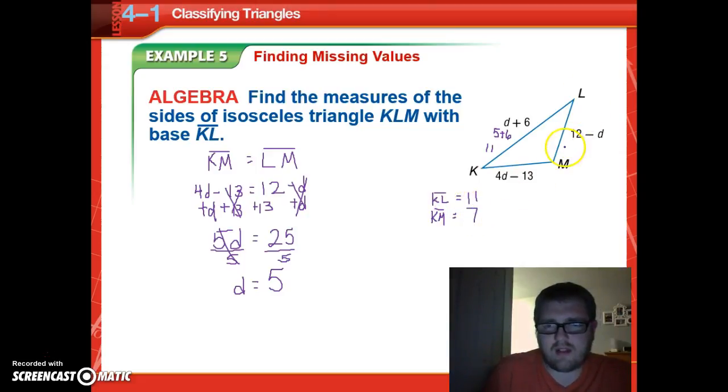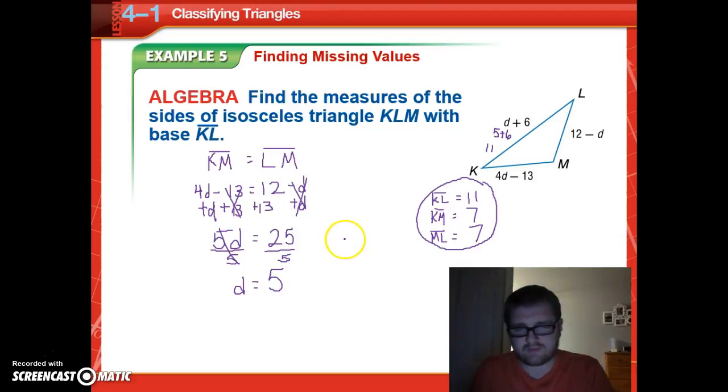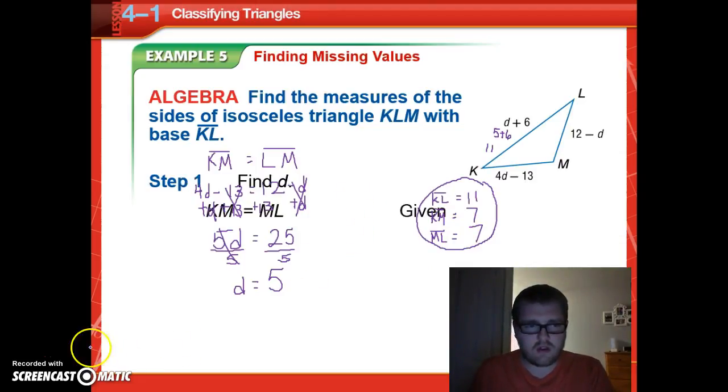And LM, 12 minus d, is 12 minus 5. As we would expect, KM and LM are equal, so it is also 7. Notice we didn't have to find the measure of one after we found the other, but it's a nice little check to make sure our reasoning was correct.